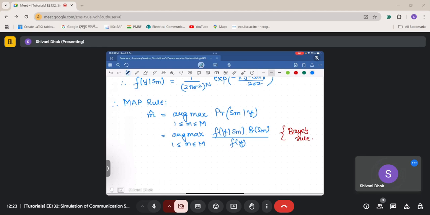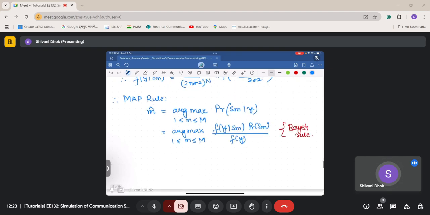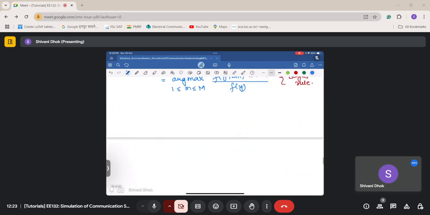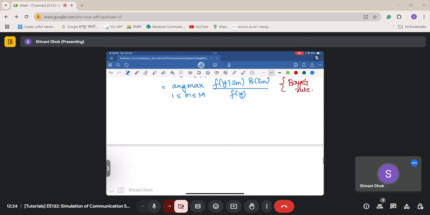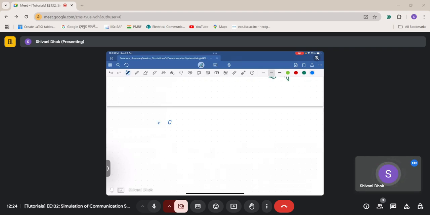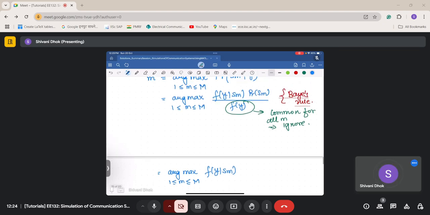Now we have this f of y common for all, so we can ignore it. It won't change your argmax. So this is equal to argmax of f of y given Sm into probability of Sm.